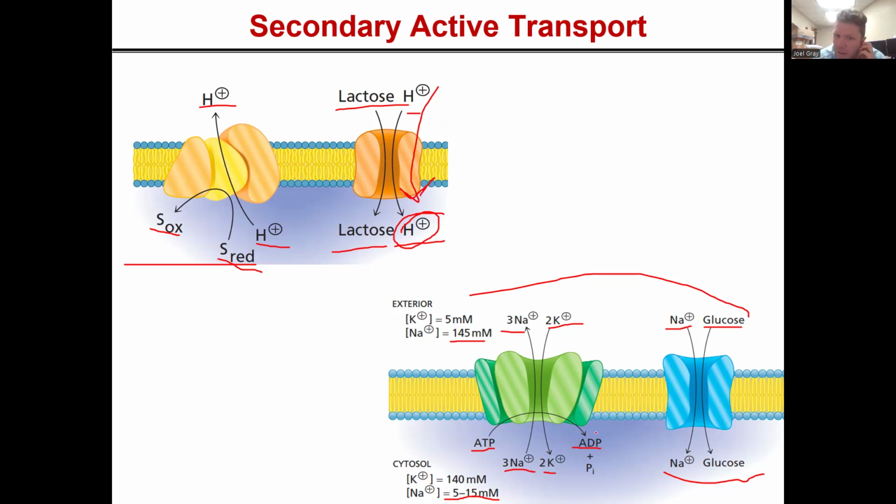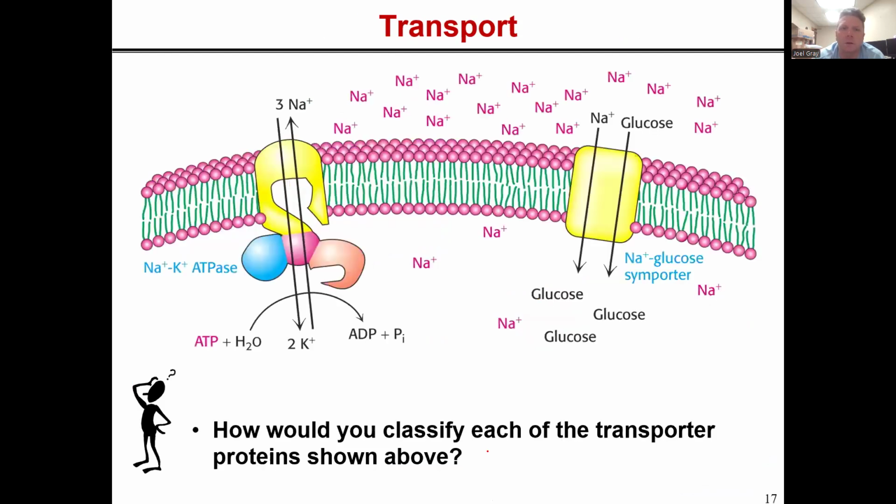You could look back at this hydrolysis of ATP and say, oh, well, the purpose of that was to get glucose into the cytosol, to get glucose from the outside to the inside. It's only going to do that, though, if it's packaged or coupled with something like sodium, going from a high concentration to a low concentration.